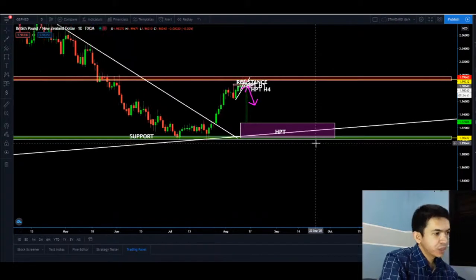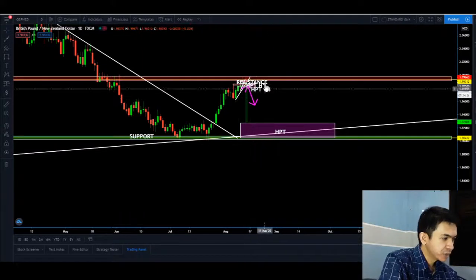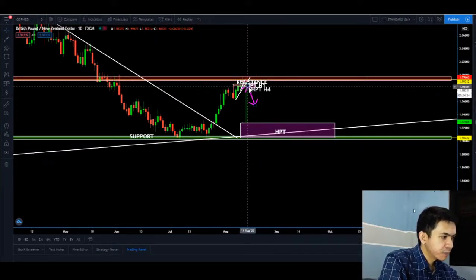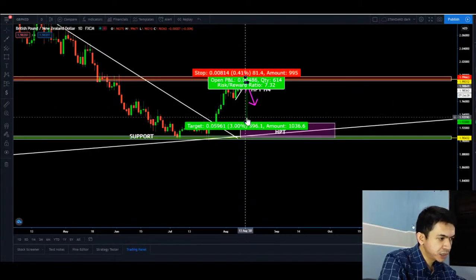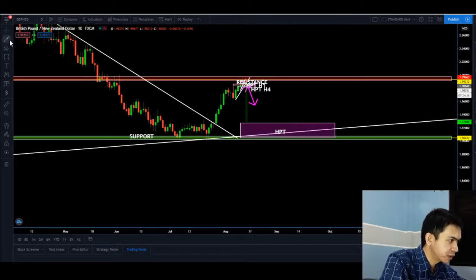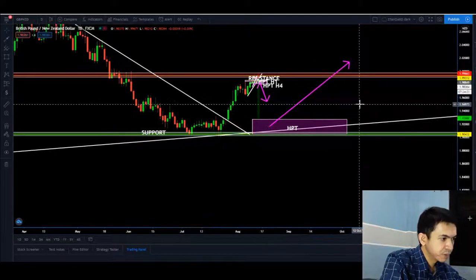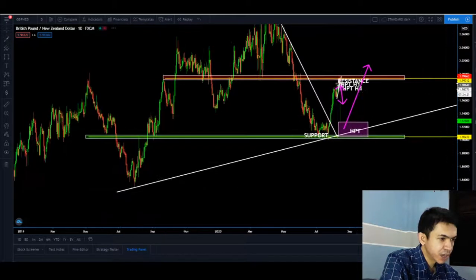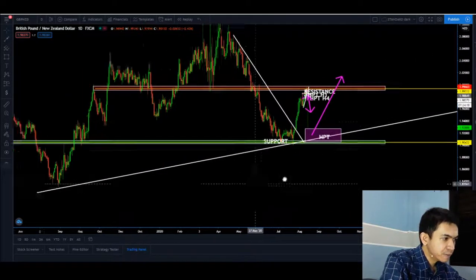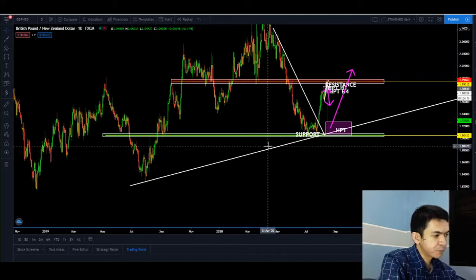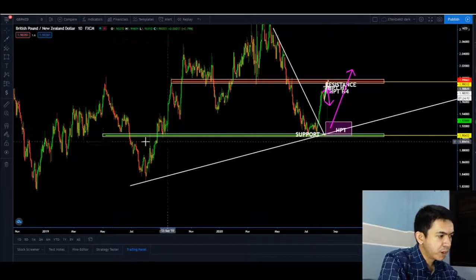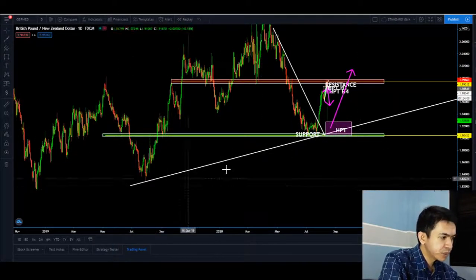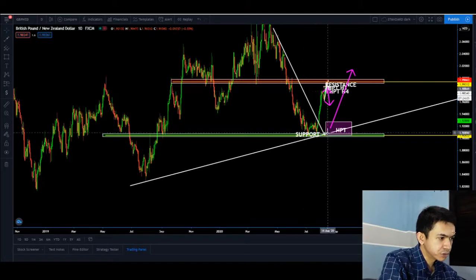So if I go for a short opportunity where the market is right now, my target will be the next support zone, or HPT in this case, for me to buy the market later on. This HPT zone is a high probability trade area for me to buy due to multiple confluences. Using the TFP wire system, the price would probably react here, above this key significant level of support, trend line support, and counter trend line break.